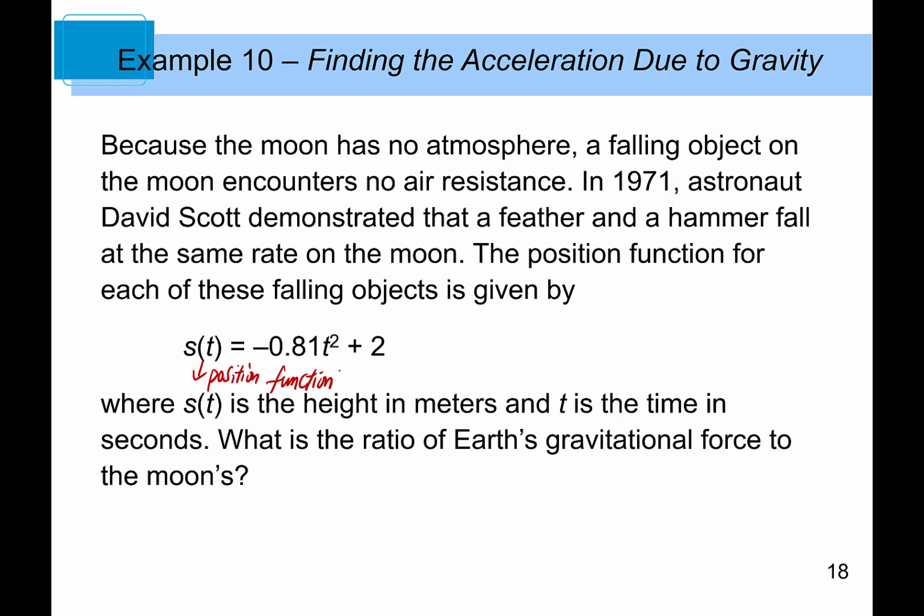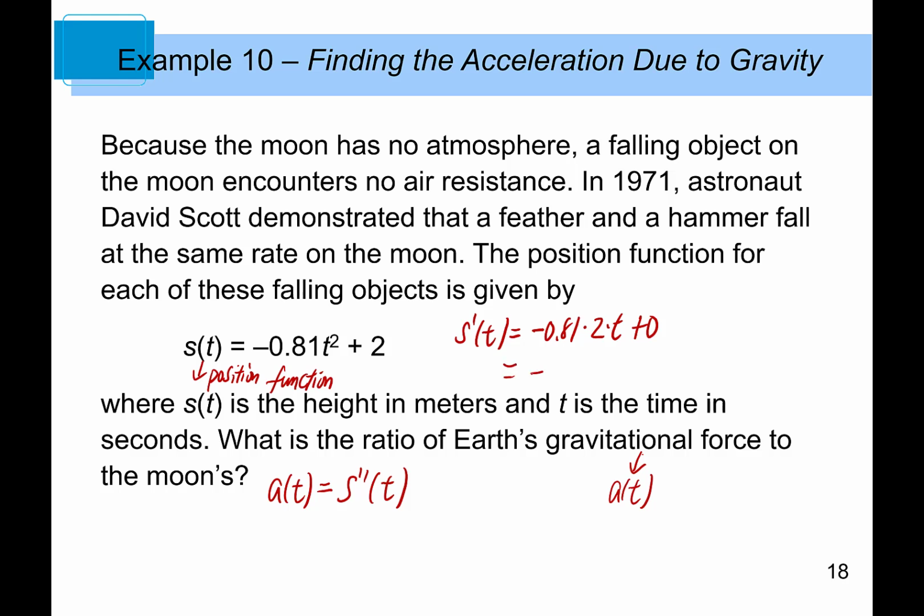So gravitational force, that's a of t, the acceleration function. So we need to find the acceleration function. The acceleration function is the second derivative of the position function. So first of all, s of t equals that, and s prime of t, using the power rule, is negative 0.81 times 2 times t plus 0, right?